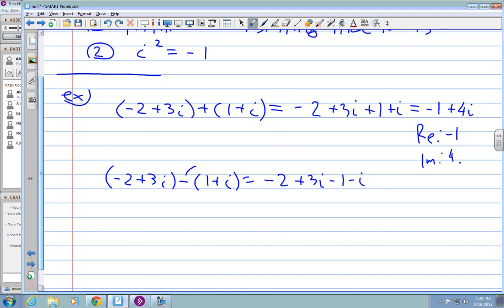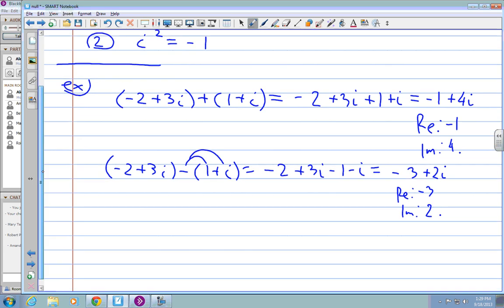So all your regular rules of arithmetic apply, and you combine like terms, you get -3 plus 2i, right? So the real part is -3, the imaginary part is 2. Okay? Does that make sense? So addition and subtraction are really straightforward, just like combining like terms.